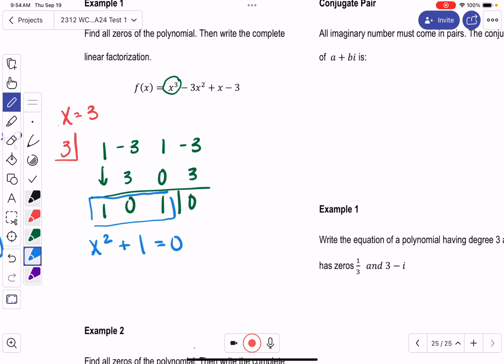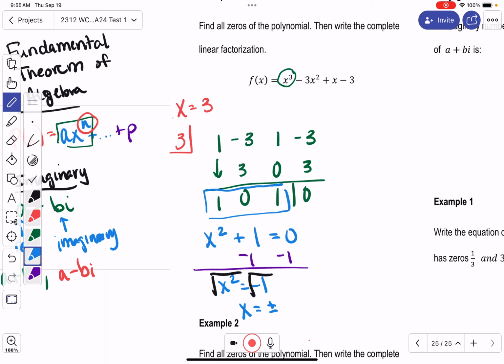Now, to solve x squared plus 1 equals 0, there's a couple of ways we can do it. We're going to use the square root method. We subtract 1 on both sides, and we get x squared equals negative 1. The problem with trying to take the square root of a negative number is that there's no real solution for that. So we take the square root and we get an imaginary. My imaginary solutions are x equals plus or minus the square root of negative 1.